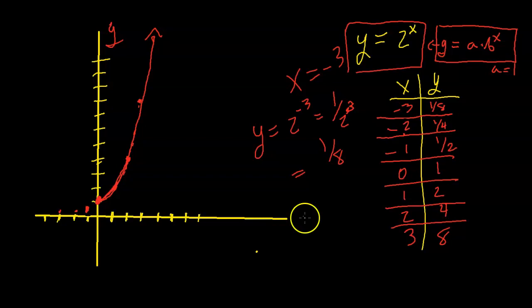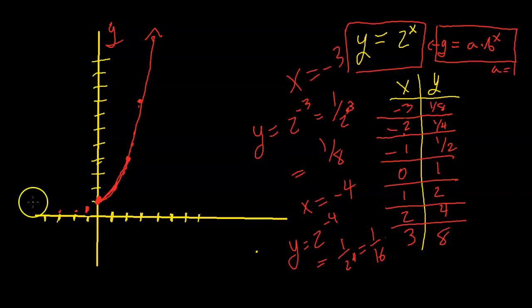So for example, if we put in x equals -4, we'd get y equals 2 to the -4, which is 1 over 2 to the fourth power, which is actually 1 over 16, which is really small, right? Once you get to 1 over 16, it becomes hard to even really graph that. It's hard to even get that close to the x-axis down there, right?